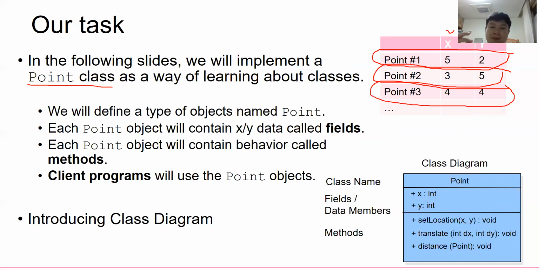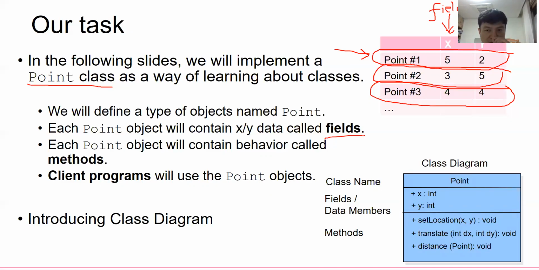If we have these objects, then you need to understand that every line is one point or one object. And for every object, you have two, X and Y. So we call these the fields.